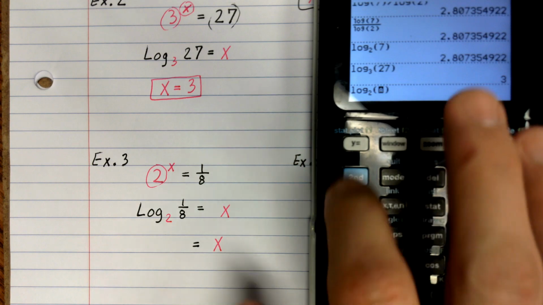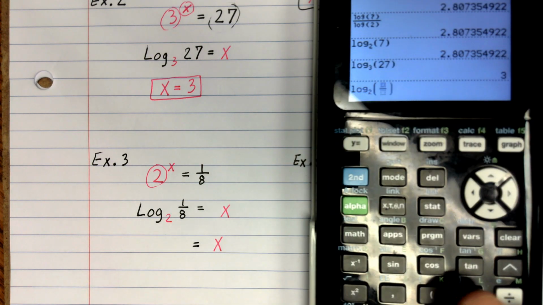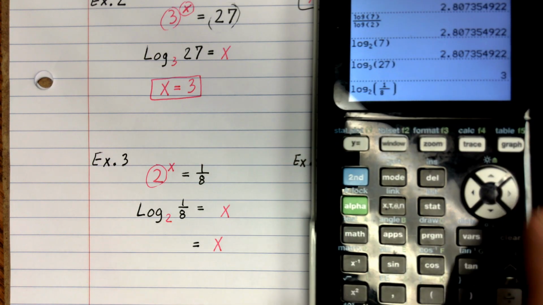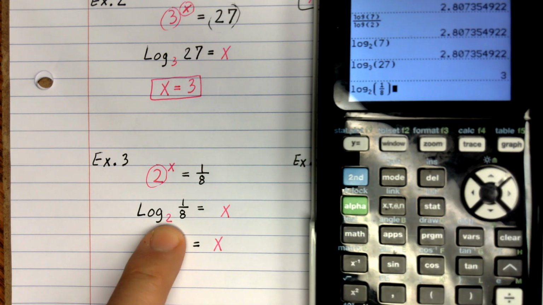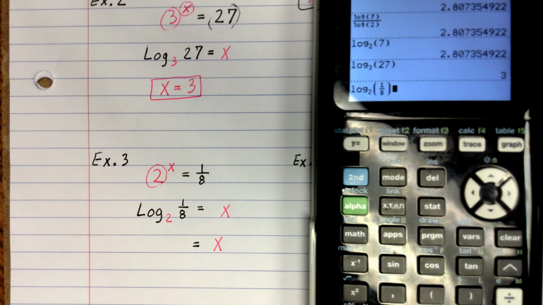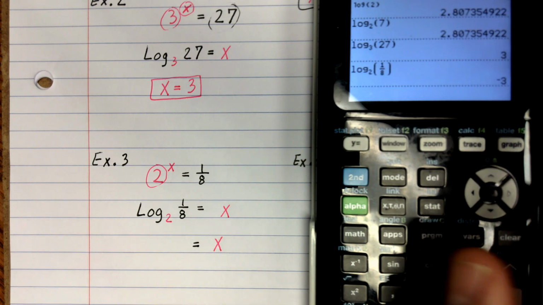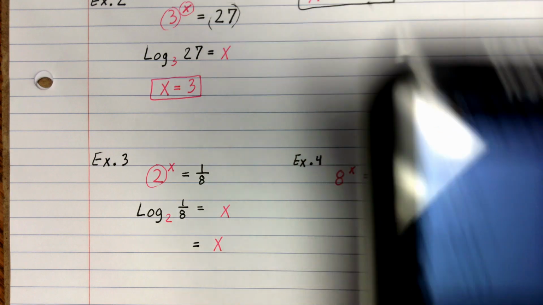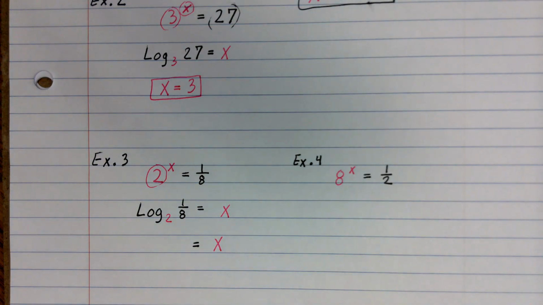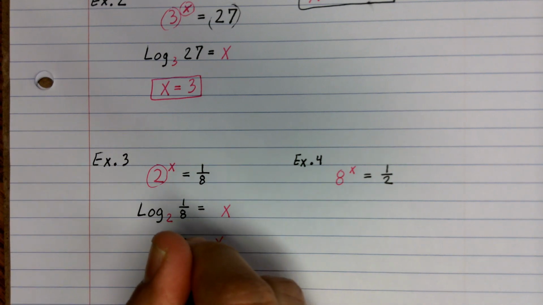So I'll go ahead, alpha y equals 1 over 8. And now, notice it looks just like what I got written on the paper. When I put it in its logarithmic form, I'm going to hit enter, and notice it gives me -3. So I'm going to write that down. So this is going to be equal to -3.